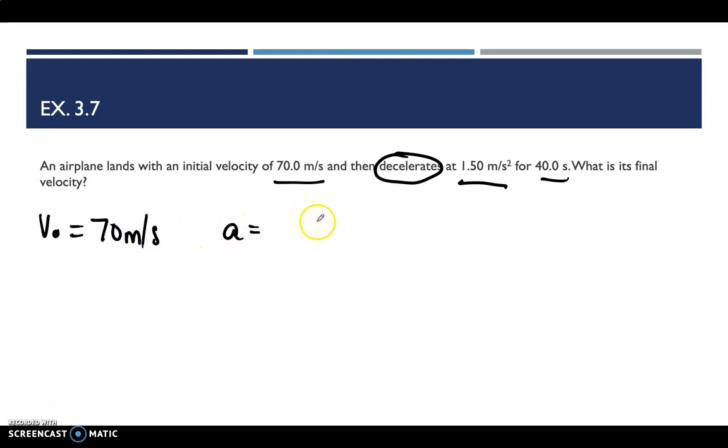Our acceleration is 1.5 meters per second squared, but notice that it says decelerates, which indicates we have a negative in front of our acceleration. So that's negative 1.5 meters per second squared. And our time is 40 seconds. It asks what our final velocity is.